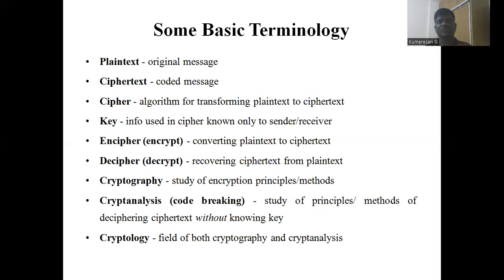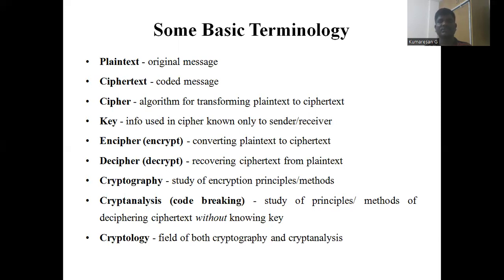Cryptography, as we already know, is the study of secure communication between two parties. And what about cryptanalysis? Cryptanalysis helps to recover the key as well as the message. Mostly they go after the keys, because the key is what provides security.